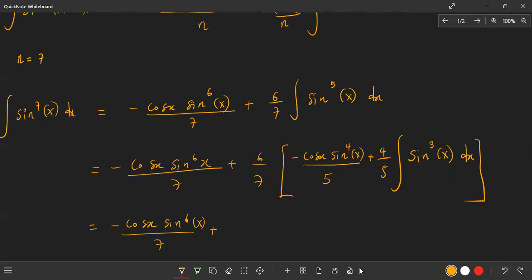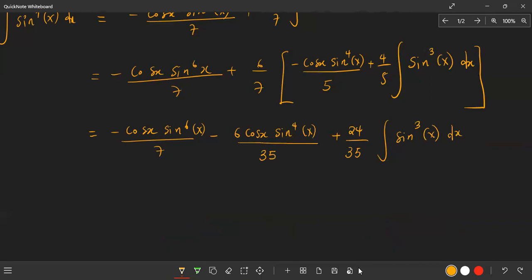So this will be negative 6 cos x sine to the power 4 x over 35, and then similarly 6 over 7 times 4 over 5, which is 24 over 35, times the integral of sine cubed x dx.